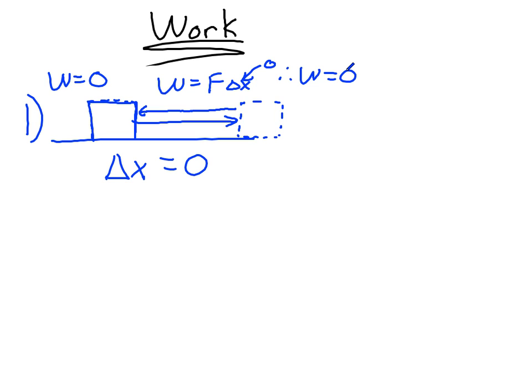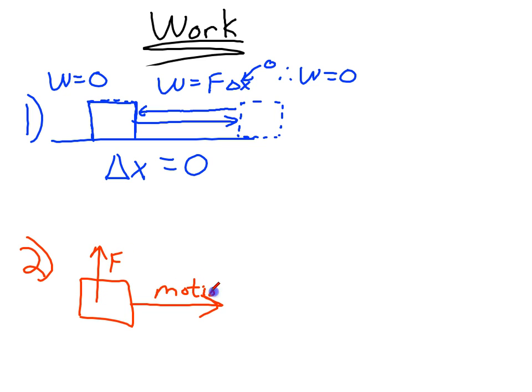The second situation is when the force is applied perpendicular to the object. So let's say the motion of an object is to the right, but somehow my force is applied vertically. Well, my angle here is 90 degrees. If I use my equation, F cosine theta times change in x, you might have a change in x.